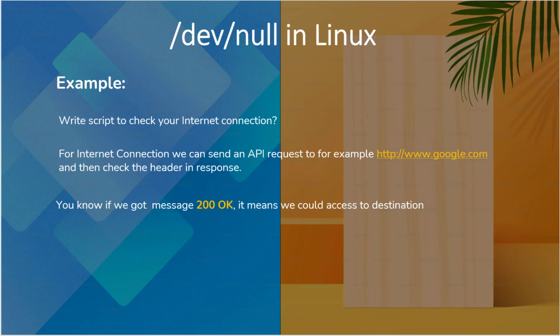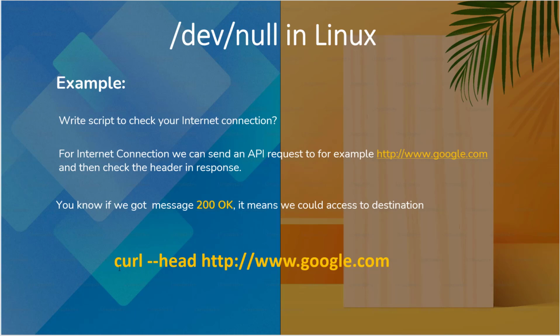How can we use an API for that? As all of you know, by using curl and also by adding this switch --head and sending the request to google.com, and then we can check the reply.